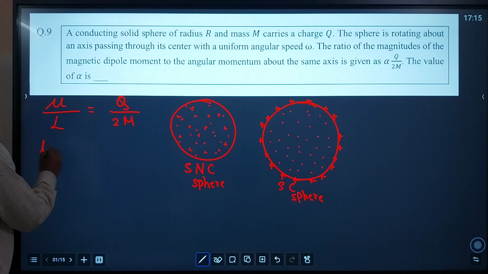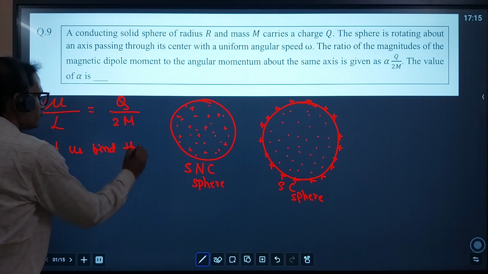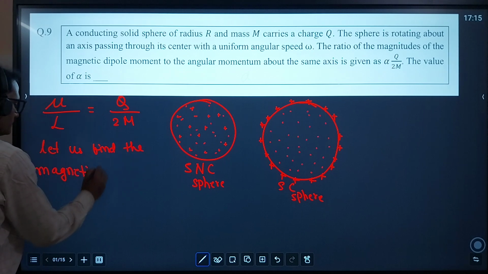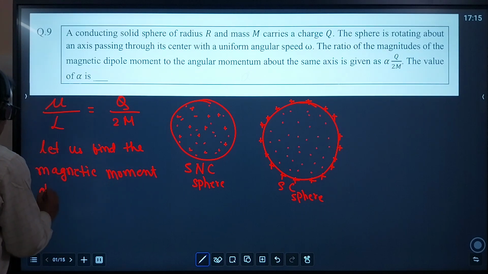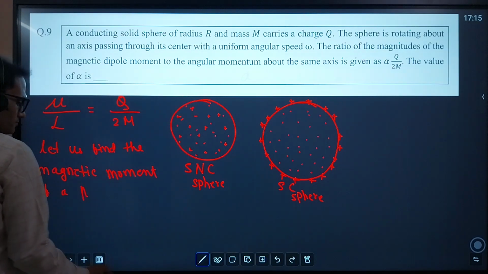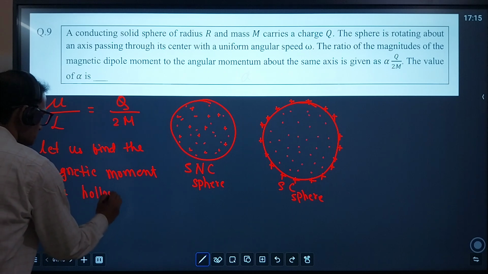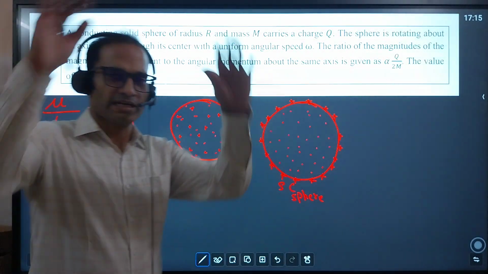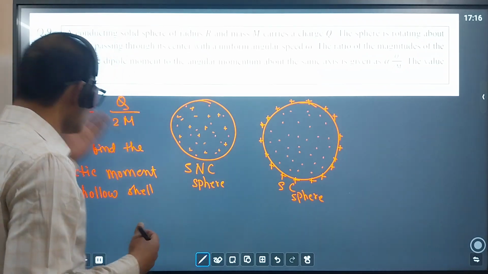Let us find the magnetic moment of a hollow shell. In a hollow shell, charge is at the surface and mass is also at the surface, so we can use this formula.